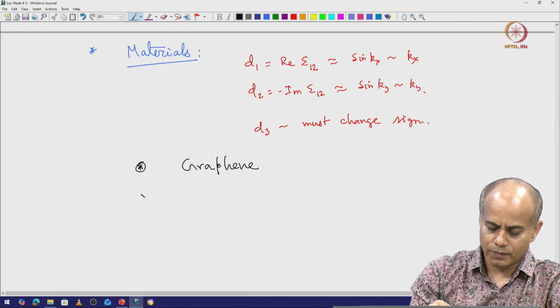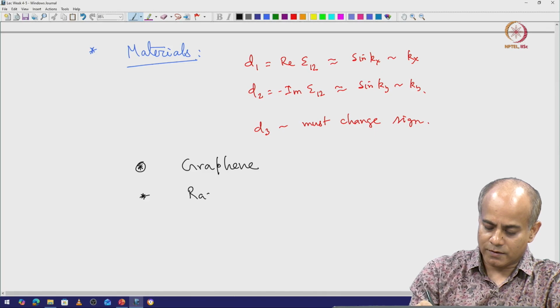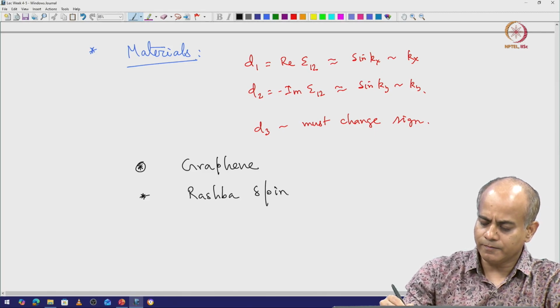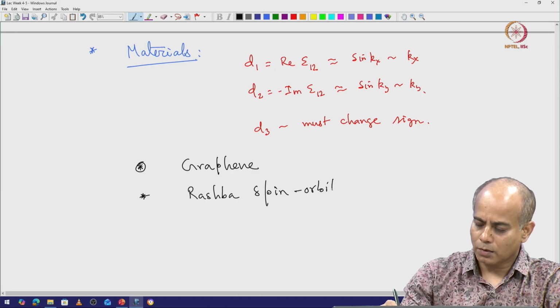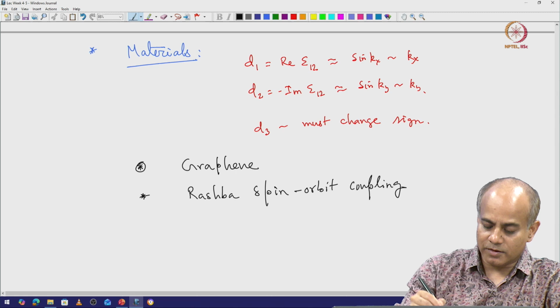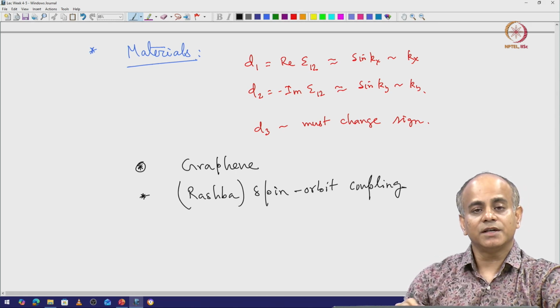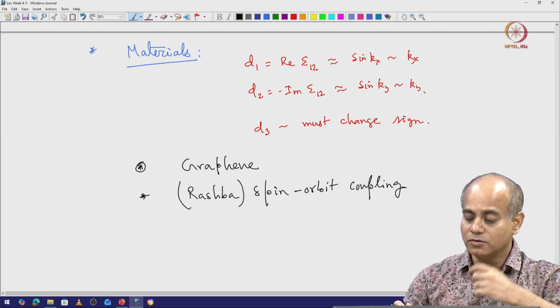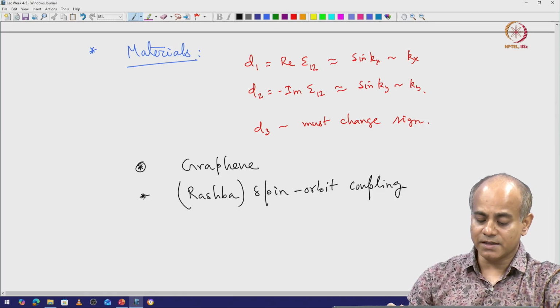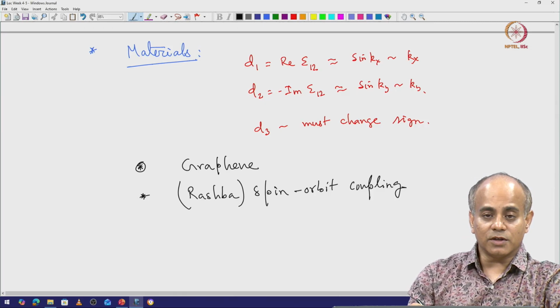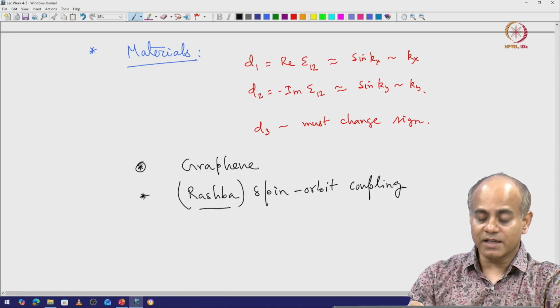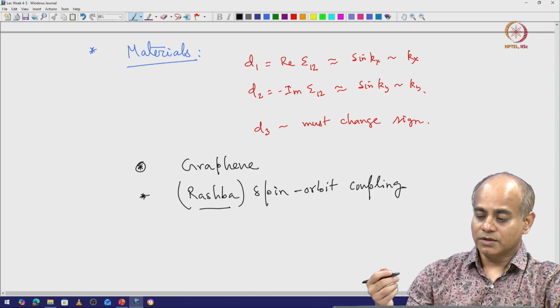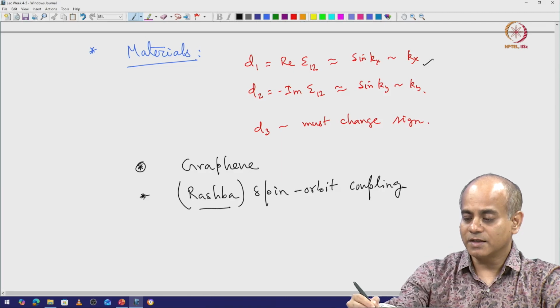graphene and Rashba spin orbit coupling. I would say Rashba is a special case. Even a spin orbit coupling of LS coupling or JJ coupling would suffice in many cases to give a topological insulator, and Rashba is a special case in which you will see the terms look very much like these.